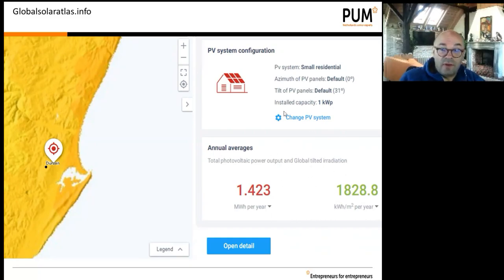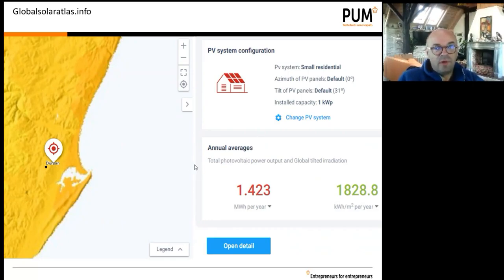So you can calculate how much energy you receive with 1 kilowatt peak, and you see what the annual average is, and a lot of other details. You can also calculate how much power it will generate with an installed capacity of 2 kilowatt peak or 3 kilowatt peak on this location, also the location of your house.